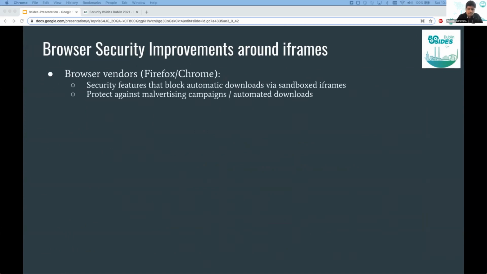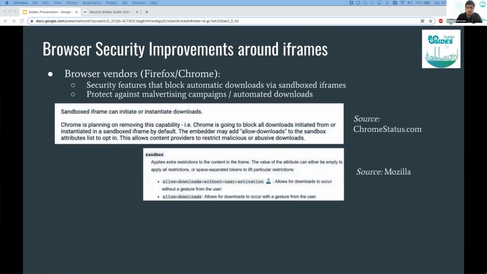So essentially, the sandbox attribute allows web developers to control what actions an iframe can perform, like allowing downloads or running scripts, etc. The security enhancements implemented by the Chrome and Firefox development teams mainly protect users against malvertising campaigns that can trigger automatic downloads from sandboxed iframes.